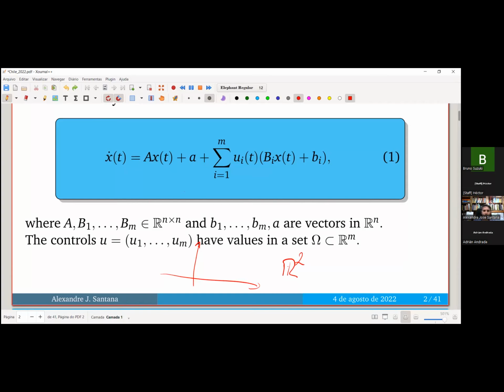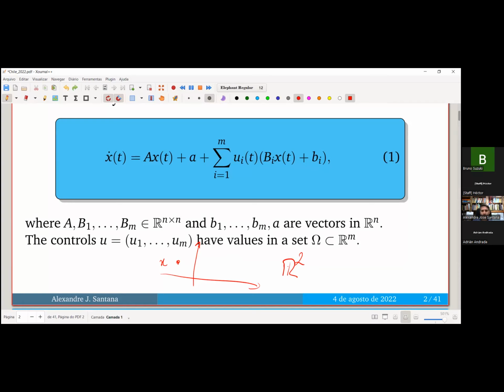Then the important question in this work is to know if it's possible to find the controls U, this map here, such that the concatenation of the solutions of the system can take some point here and leave this point in another point Y in R2.